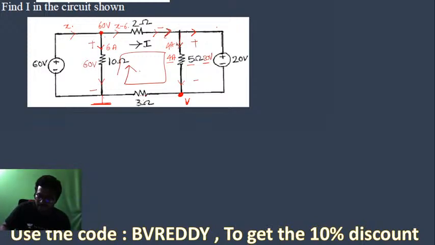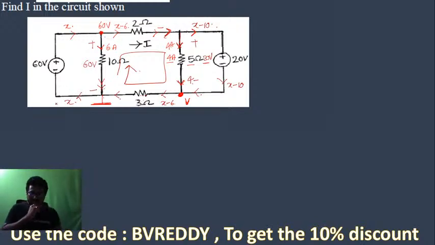Now this 4 is going here, that means this is X minus 10. This is X minus 10. 4 is coming, then how much is this? X minus 6. This is X minus 6. X will go finally. Yes or no?